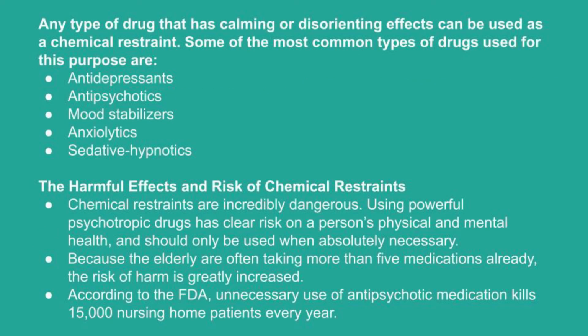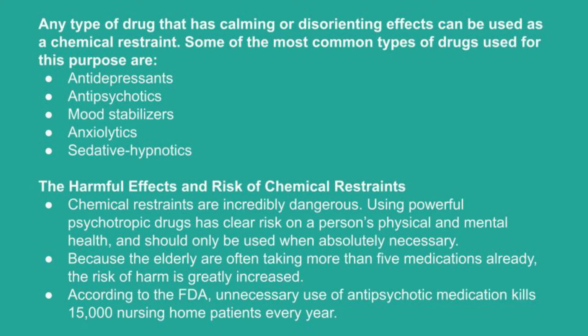So what can be used as a chemical restraint? Well, any type of drug that has a calming or disorienting effect can be used as a chemical restraint. Some of the most common types of drugs used for this purpose are antidepressants, antipsychotics, mood stabilizers, anxiety medications, and sedative hypnotics.